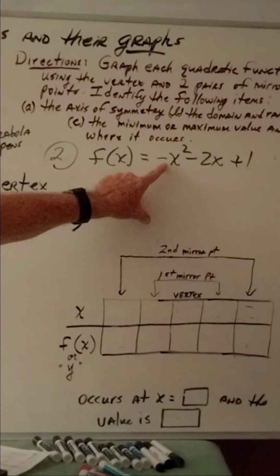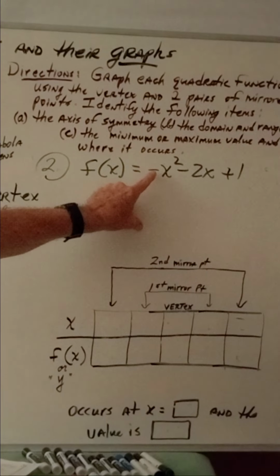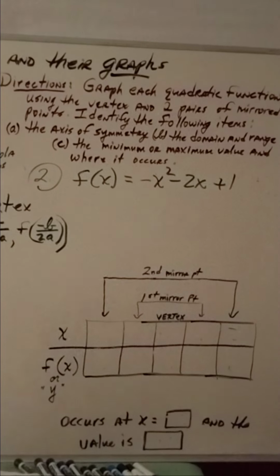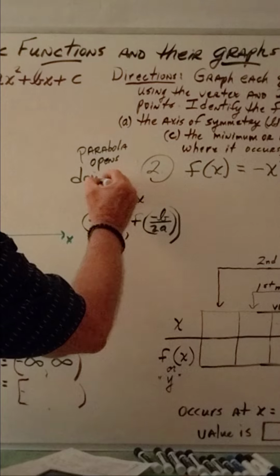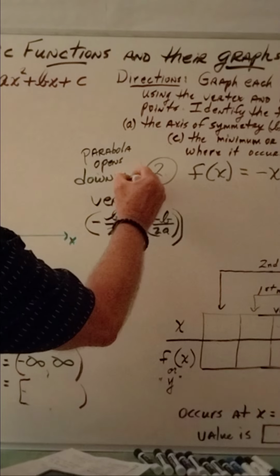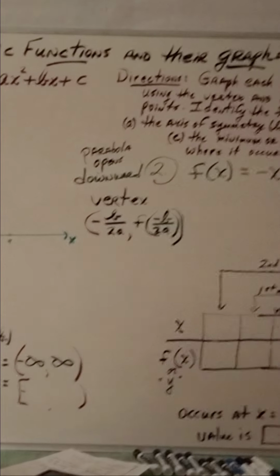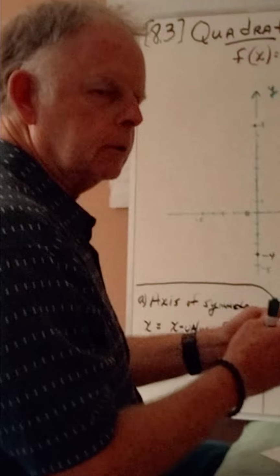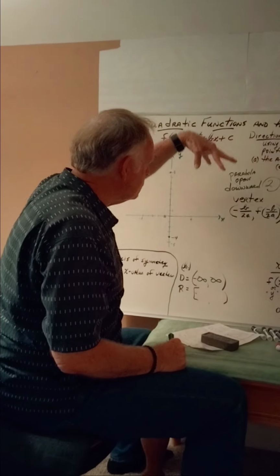That's dependent on your a, the coefficient of x squared. Its coefficient is negative 1. So being that a is negative 1, it's going to open downward. So for this quadratic function, there's going to be a maximum value. Not a minimum, but a maximum, because it's opening downward.